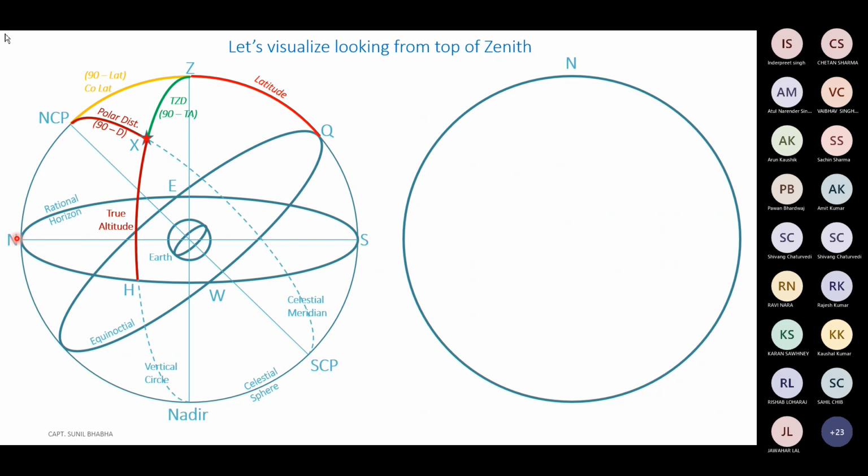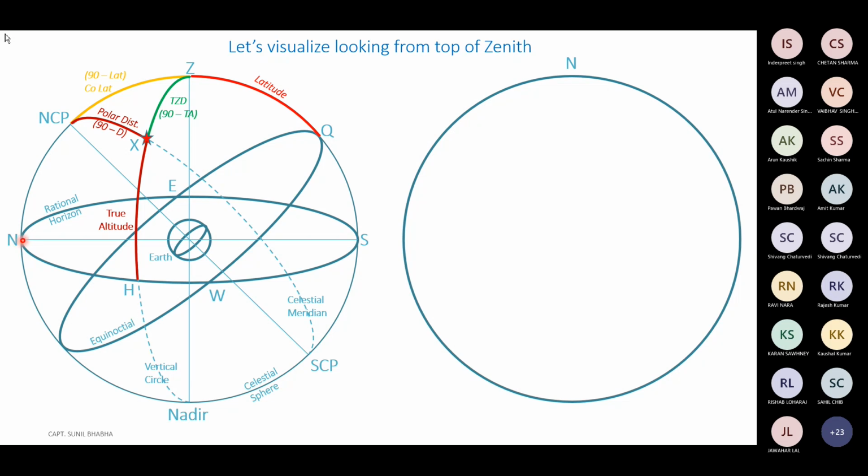So when we look at the celestial sphere, the circumference of the celestial sphere which we are going to look at is the rational horizon. So the circle which we have drawn on the right side of the screen represents the rational horizon of the observer. And that is why the name given to it is rational horizon diagram, because it is made on the plane of the rational horizon of the observer.